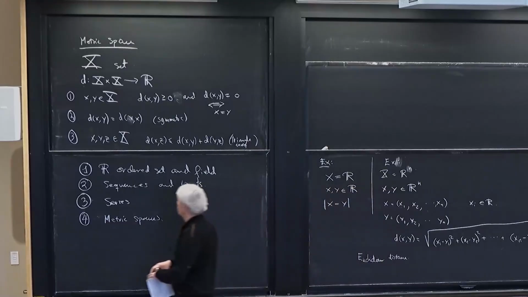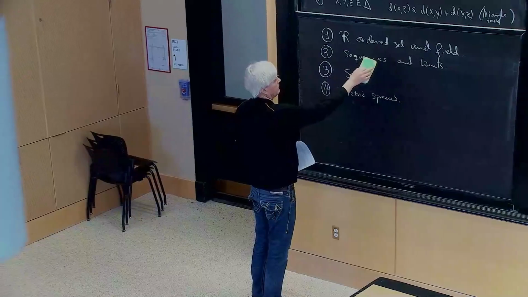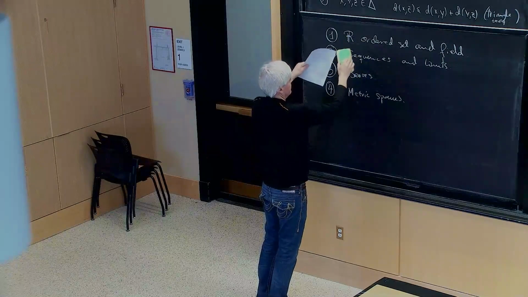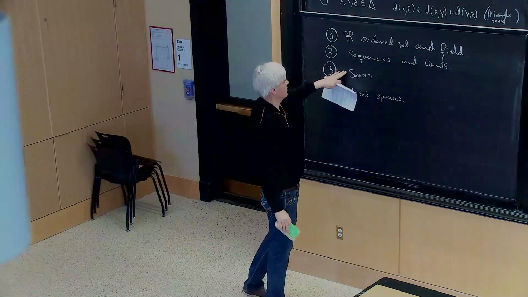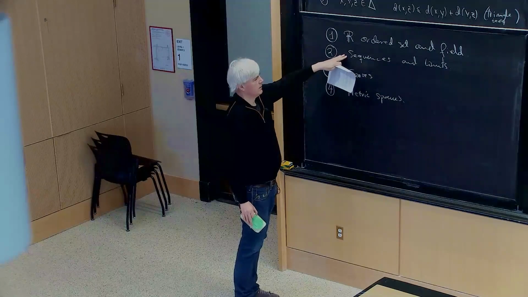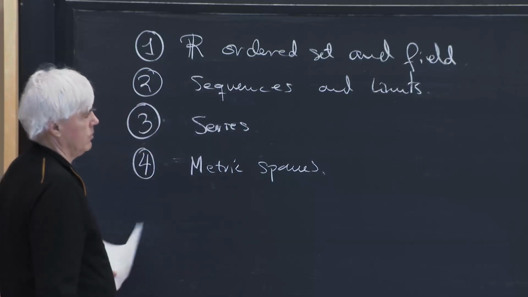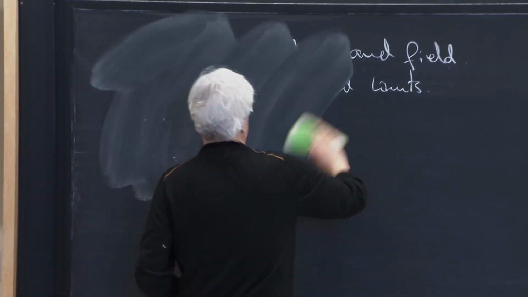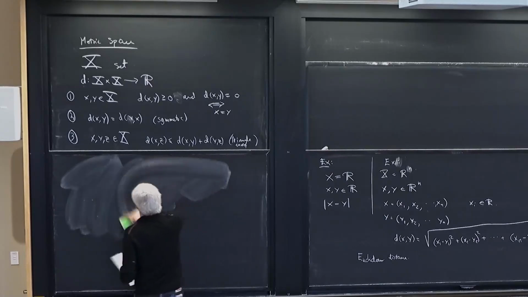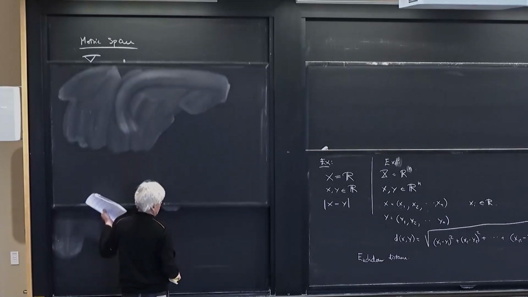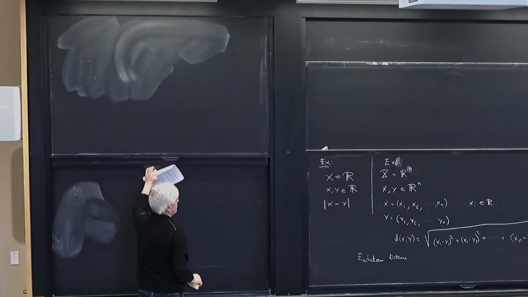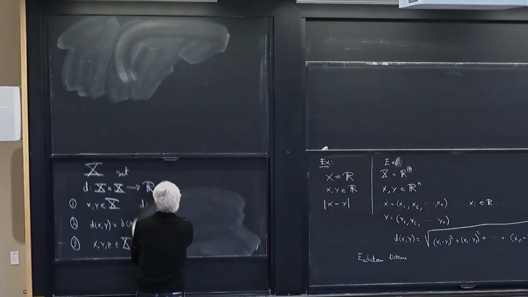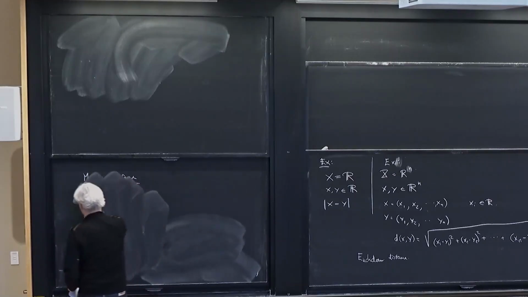So we started the class talking about R, an ordered field, but a lot of the things we talked about for R, the subsequent things, sequences and limits, as we will see, make total sense in a general metric space and have important consequences, including for solving all kinds of equations, including differential equations.